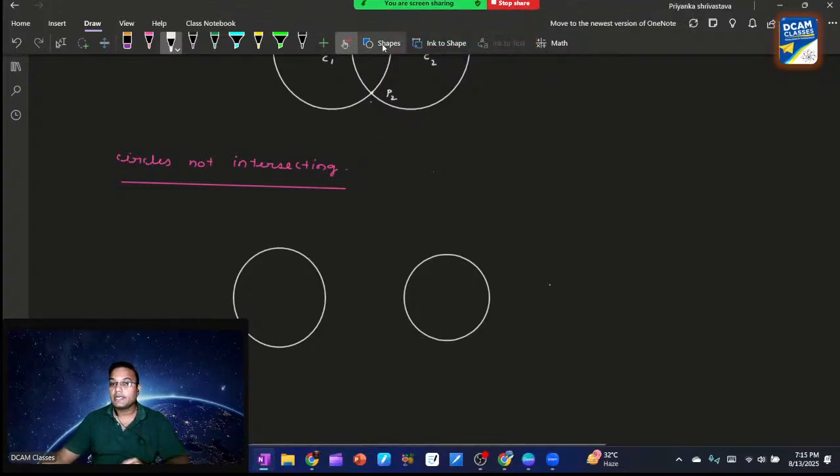They're not intersecting means C1C2, if they are external, C1C2 will be greater than R1 plus R2.